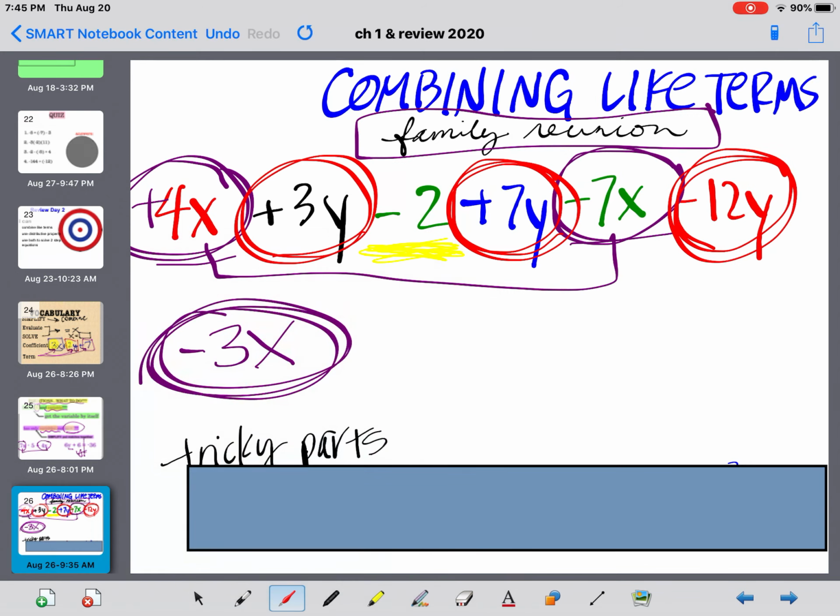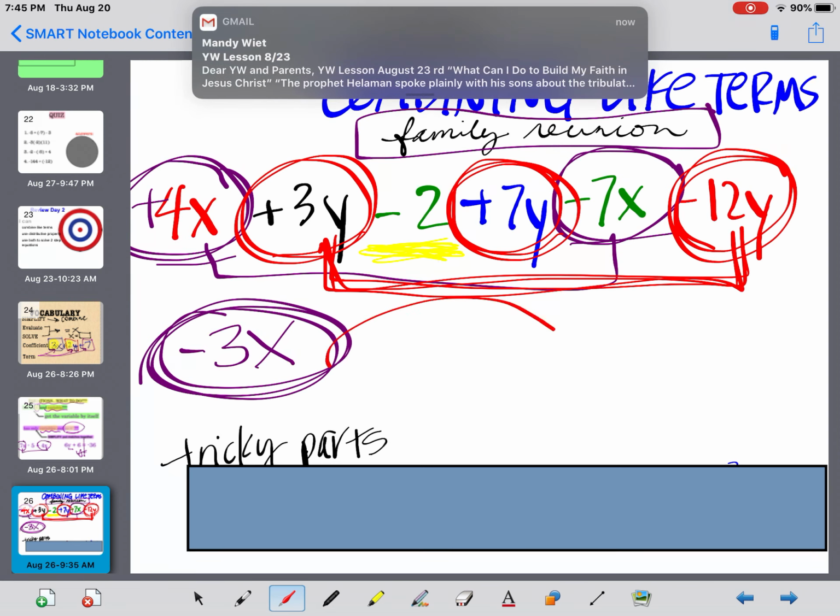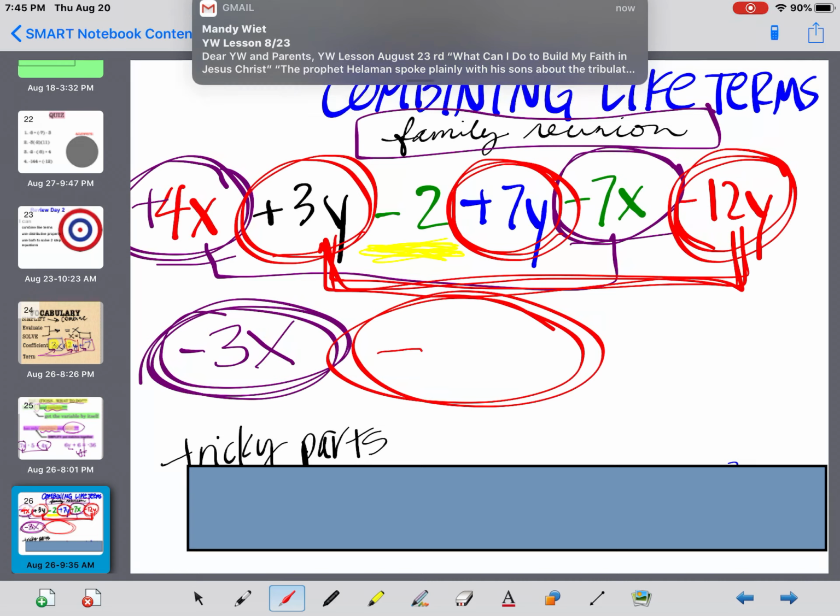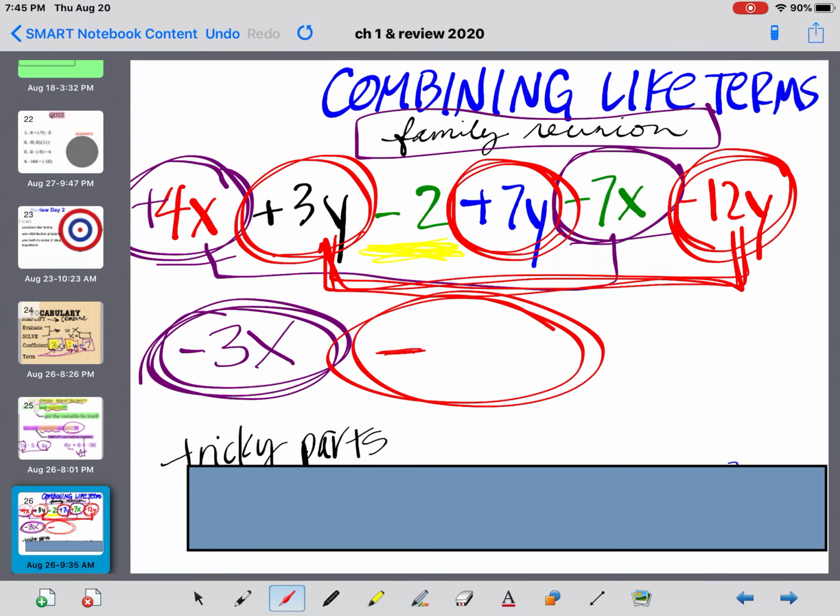We have 3 with the last name of Y and negative 12 with the last name of Y. If we use our same rules from Party Battle, we're going to take positive 3 and negative 12. Negative 12, negative wins this battle. And 12 minus 3 is 9. And the last name is still Y.